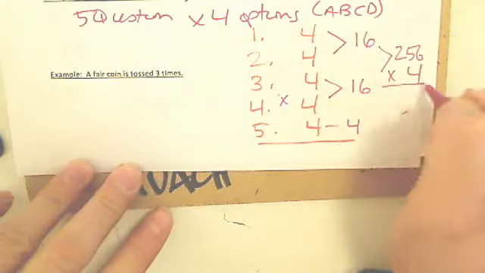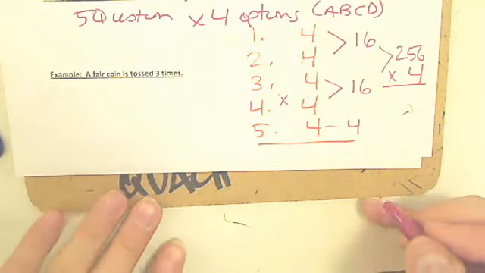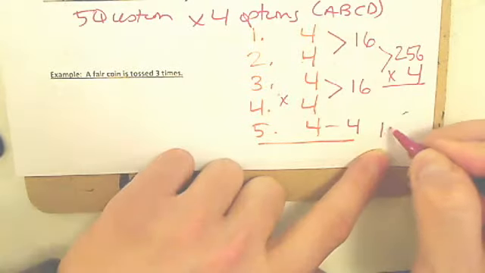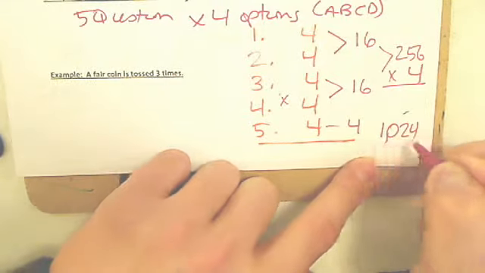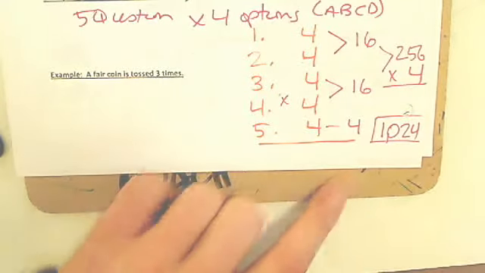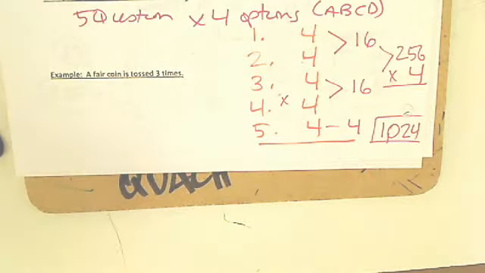Times 4 is close to 1,020. There could be 1,024 different quizzes. I can make a quiz A, B, A, C, A, D. I can make 1,000 quizzes, and everyone will have a different answer.